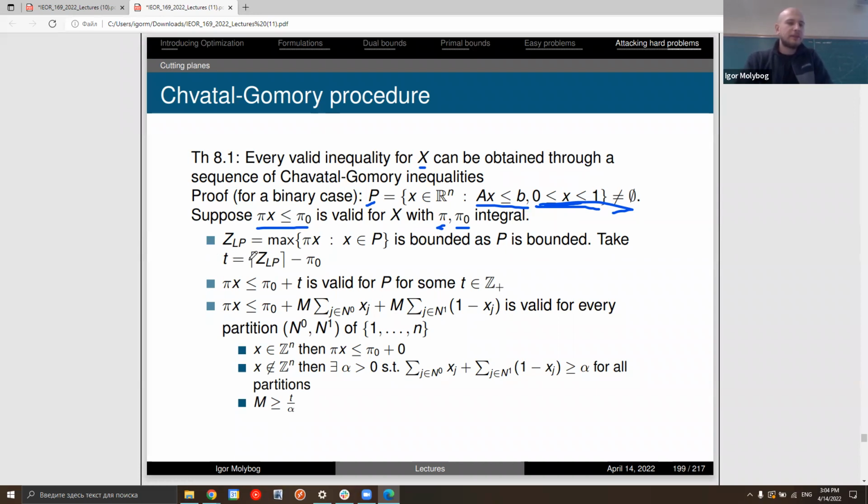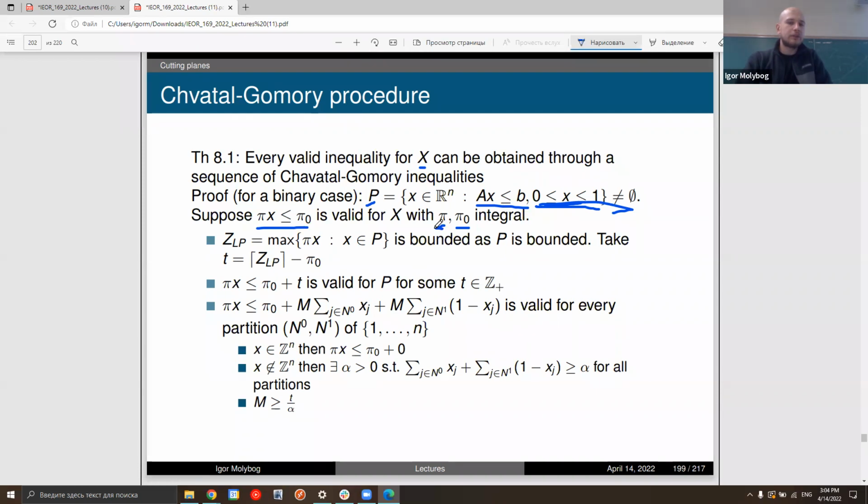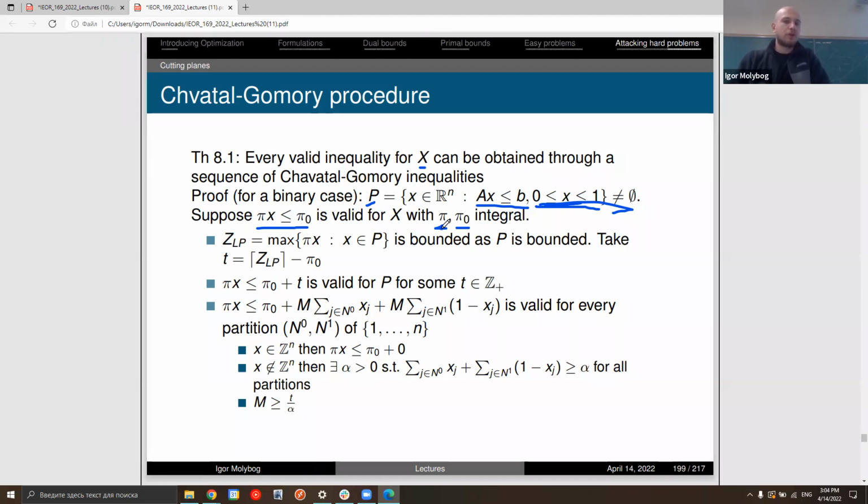Basically, it's sufficient to prove the statement for pi and pi 0 being integral numbers, because if you have fractional numbers, you can multiply the entire inequality by a very large number to bring it to integral numbers.